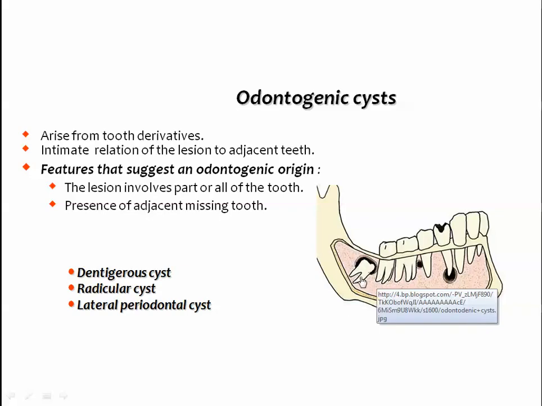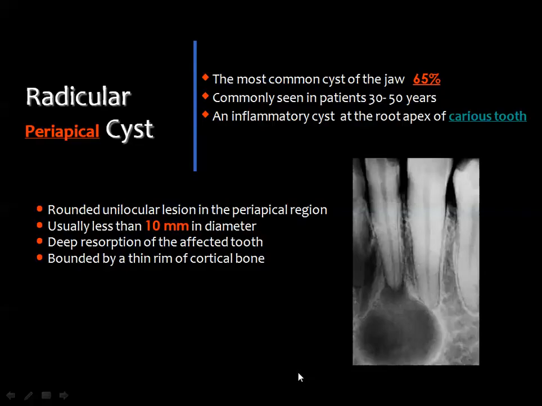Then the radicular or periapical cyst is one of the common lesions in the jaw. It may represent about 65% of cysts seen in the mandible, with an age incidence between 30 and 50 years, and it is considered an inflammatory cyst related to the apex of a carious tooth.